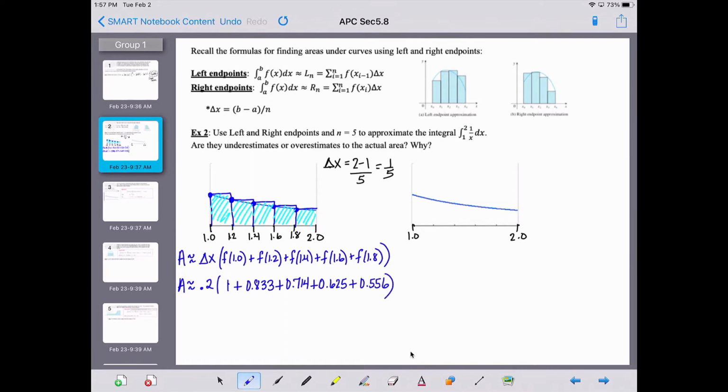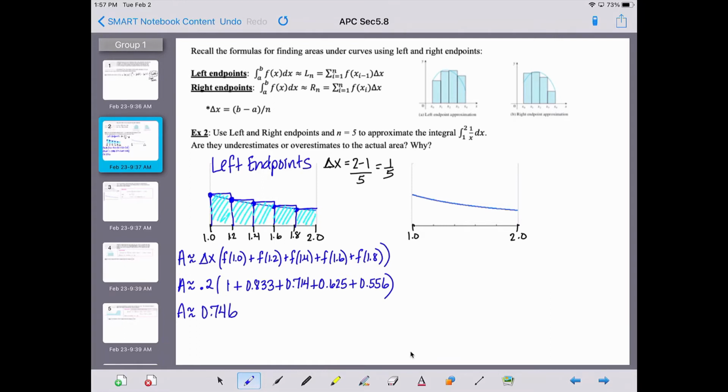And then I grab my calculator again, I just add all these numbers together and I multiply by 0.2 and I get that my area with left endpoints is going to be approximately equal to 0.746.